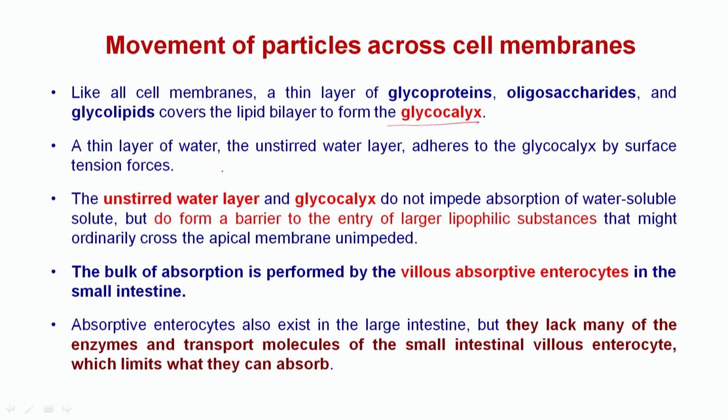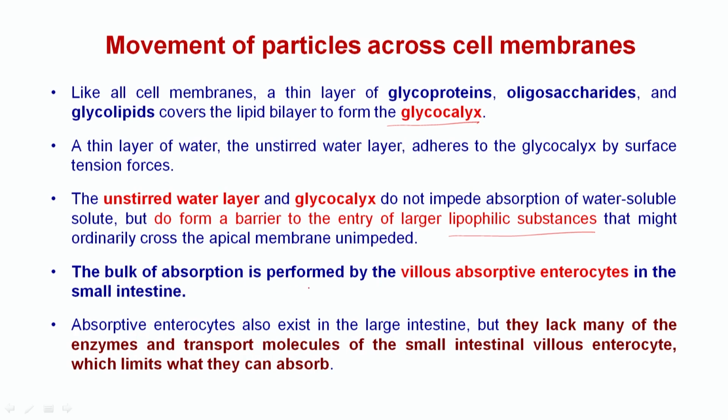A thin layer of water, the unstirred water layer, adheres to the glycocalyx by surface tension forces. The unstirred water layer and glycocalyx do not impede the absorption of water-soluble solutes but do form a barrier to entry of large lipophilic substances that might ordinarily cross the apical membrane unimpeded.